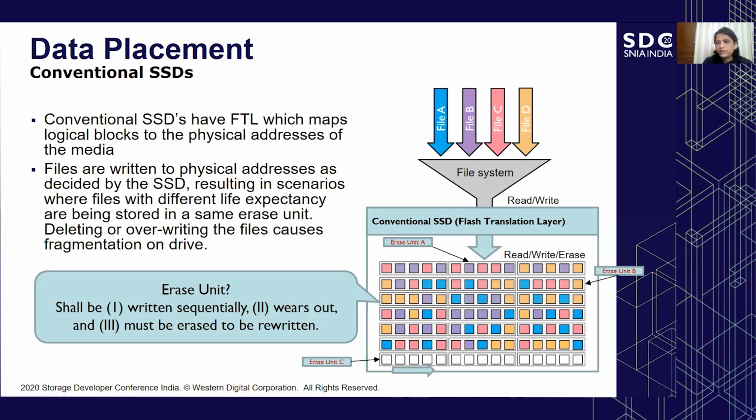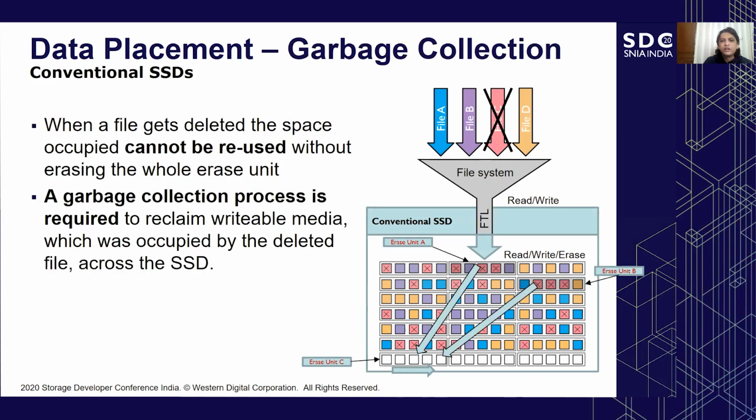And if I now delete file C, you can see all the pink invalidated areas. So now we cannot reclaim these spaces. For example, if you look at erase unit A and erase unit B, we cannot reclaim these spaces without doing an erase cycle on them.